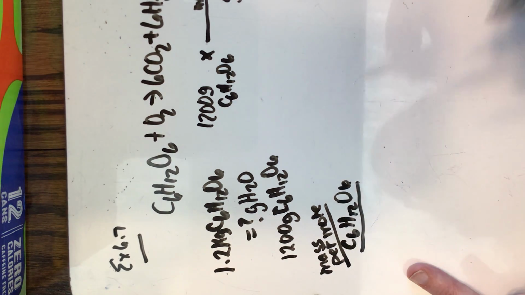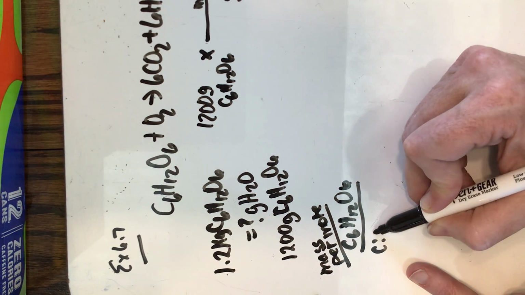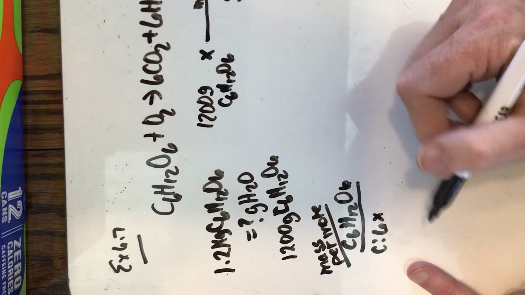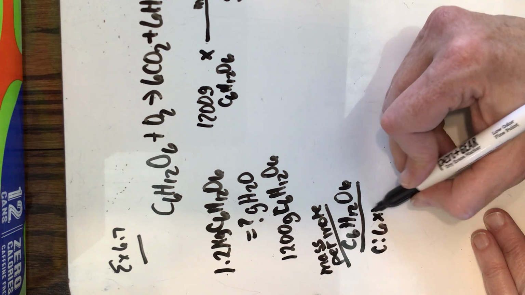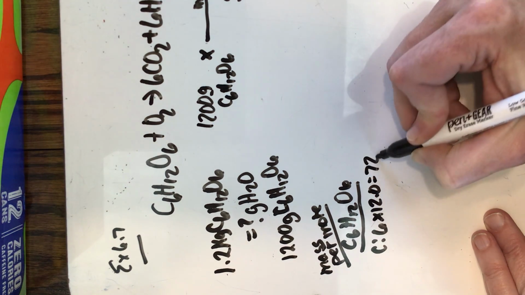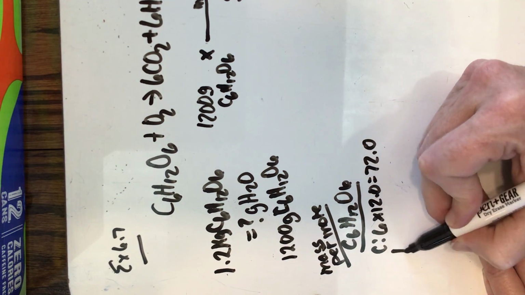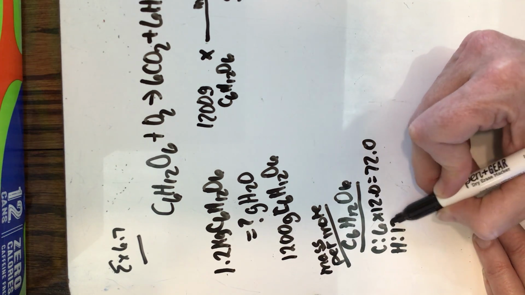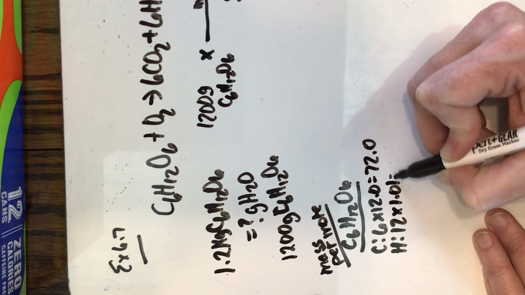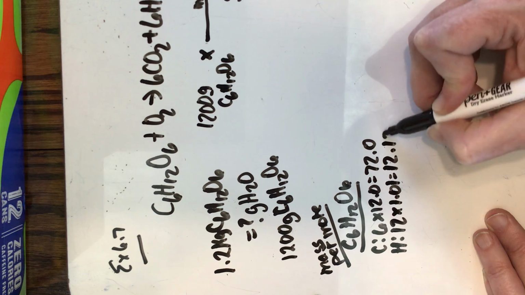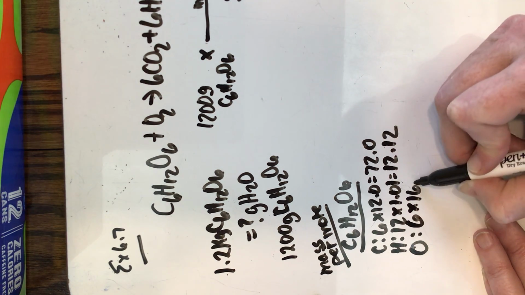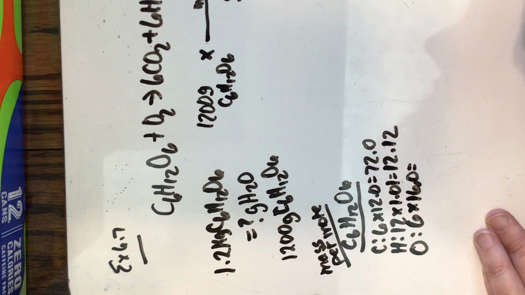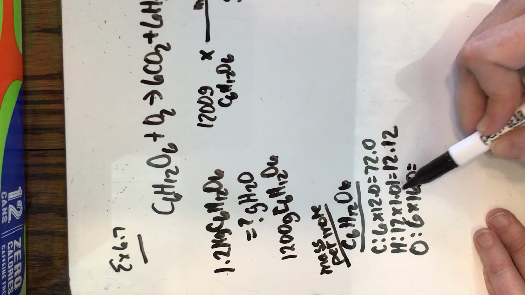So I have carbon, and I have 6 of them, times 12.0 for each carbon. Then I have H's, and there are 12 of those times 1.01. And I have oxygen, and there are 6 of those times 16.0. And we get these numbers from the chart, right?